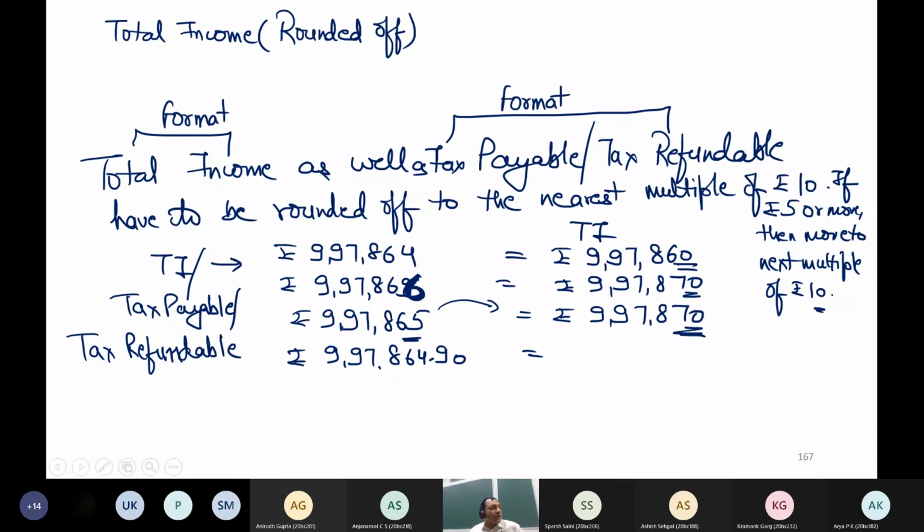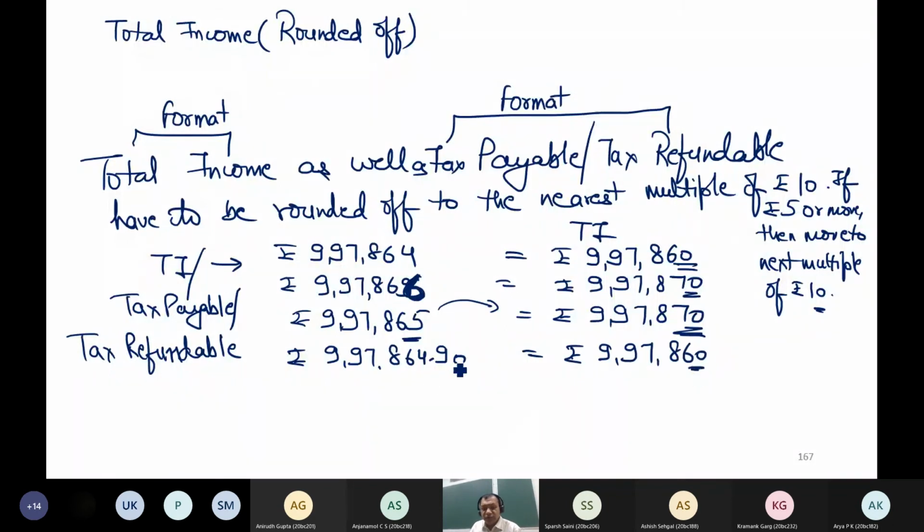Can you tell me now what I should write? If it is 9,97,864.90, what should I write in my rounded off figure? If I don't round it off, I will lose 1 mark. Yes, 860. Correct. You should write 860.